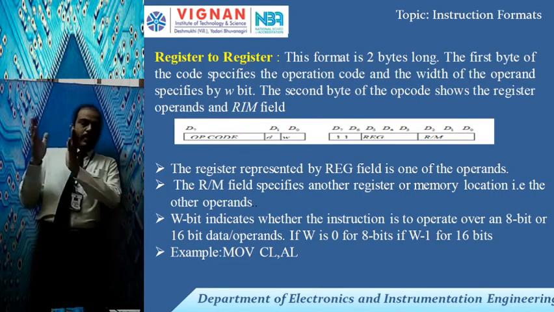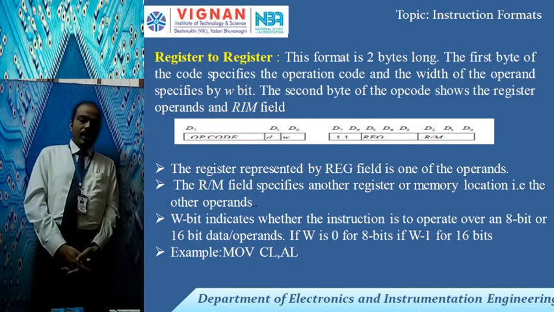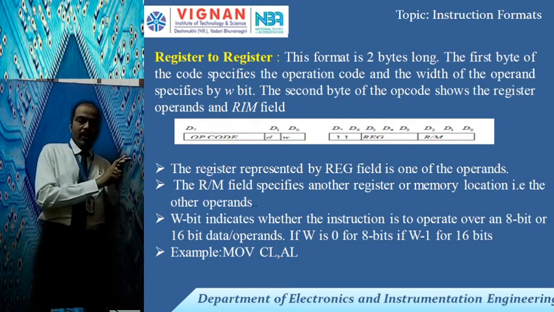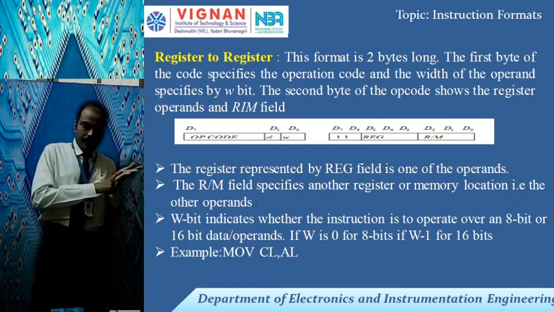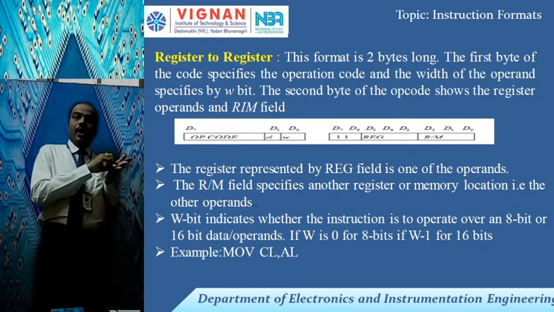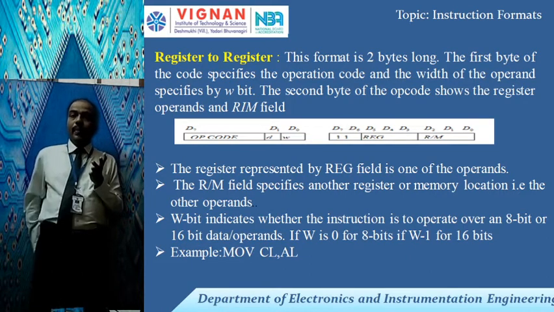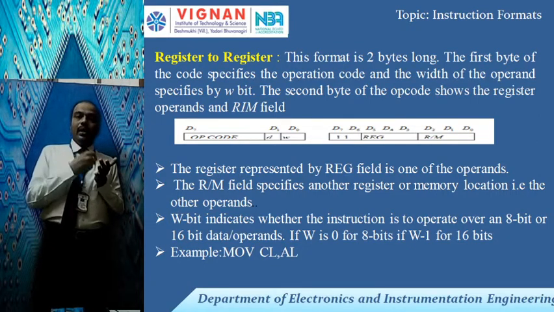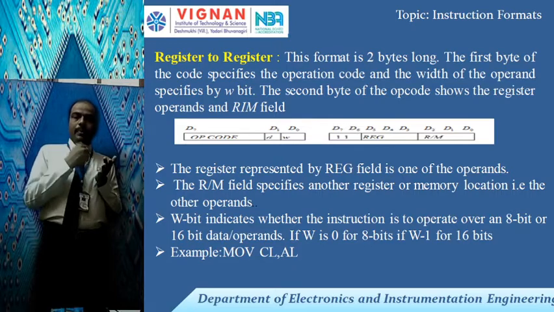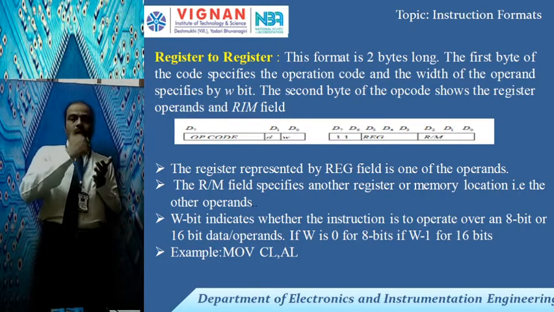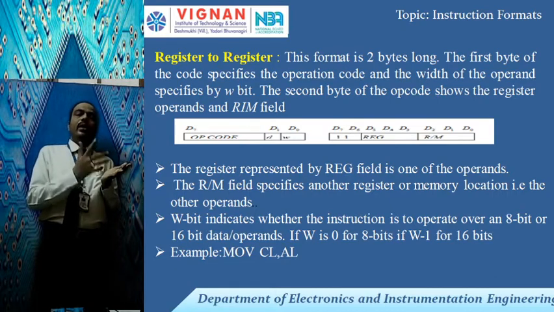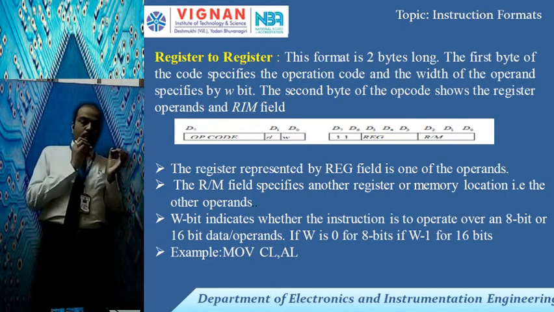The first byte of the code specifies the opcode. We have 2 bytes. The first byte specifies the opcode and the width of the operand, specified by the W bit. Operand width means whether the data is byte data, that is 8-bit, or word data, that is 16-bit. That can be specified by the W bit.